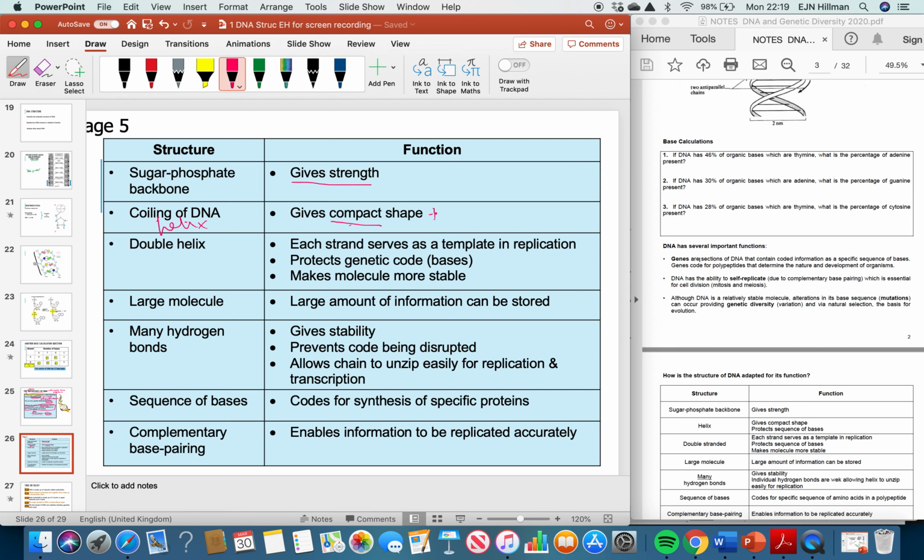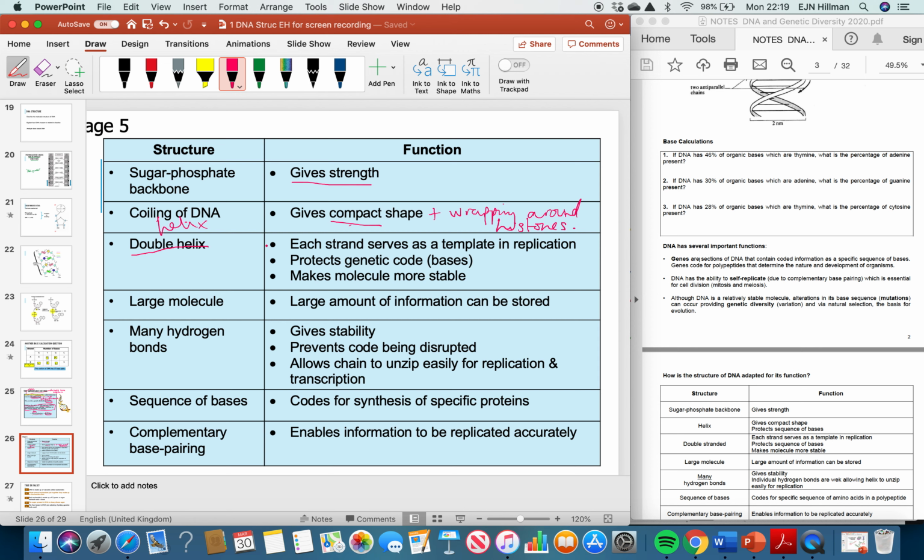If you combine that with some of the DNA wrapping around those histones that we mentioned earlier on, that allows a molecule of DNA that may be 30 centimetres long to fit inside a eukaryotic nucleus.